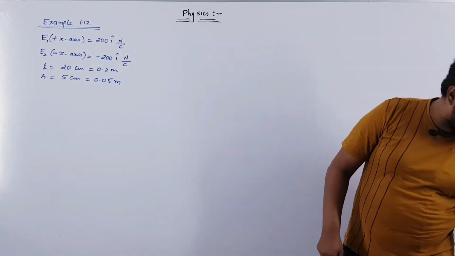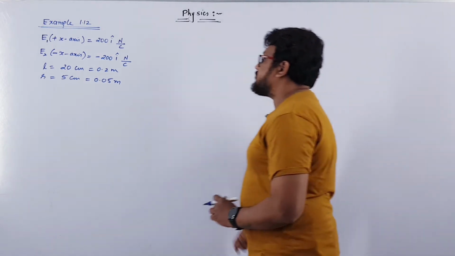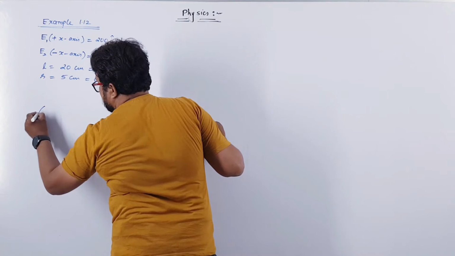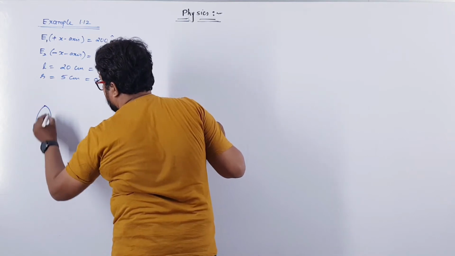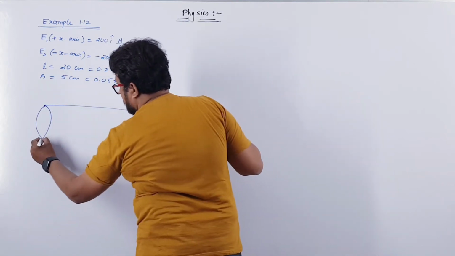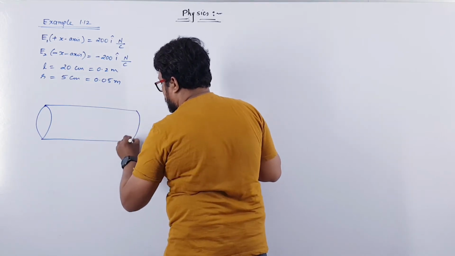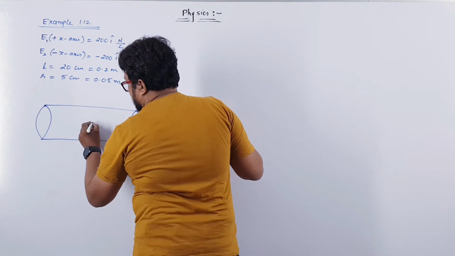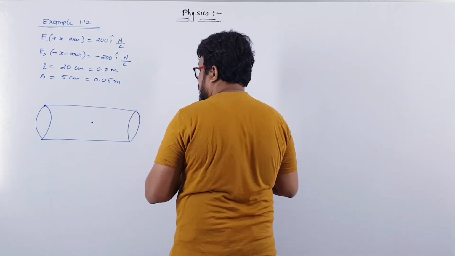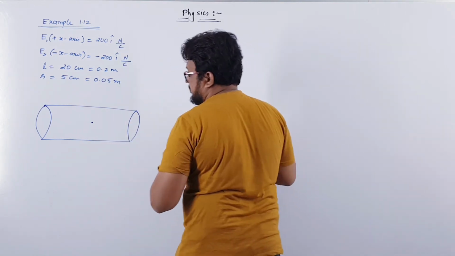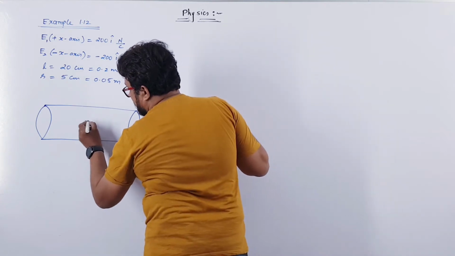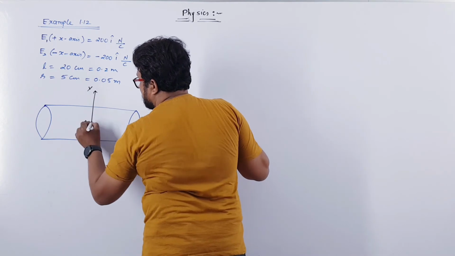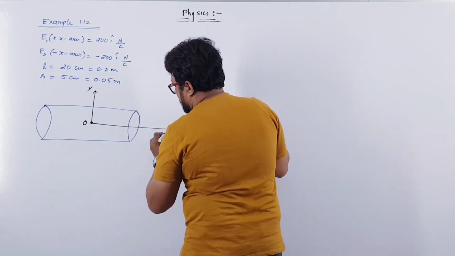We have to find 4 different quantities, but what is actually given is, we have a cylinder, let us say this is that cylinder. The center of the cylinder is lying at the origin of the coordinate system. So if this is the center of the cylinder, it is lying at the origin O. This means that this will be the y-axis and this is the x-axis.